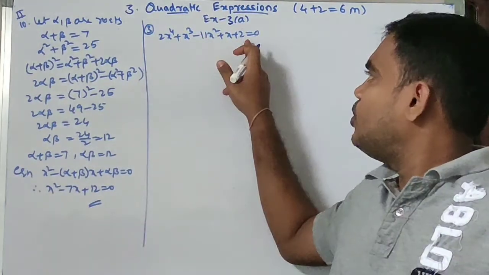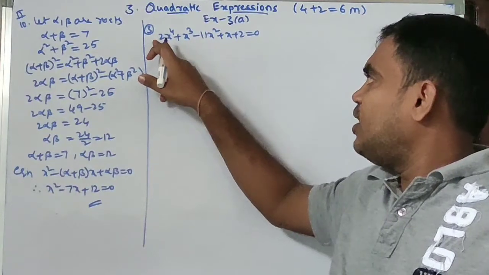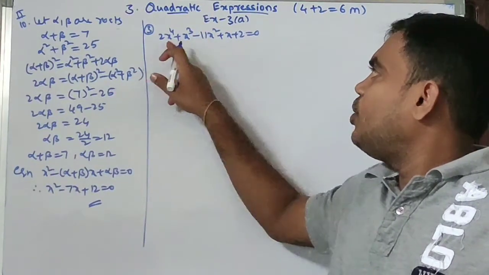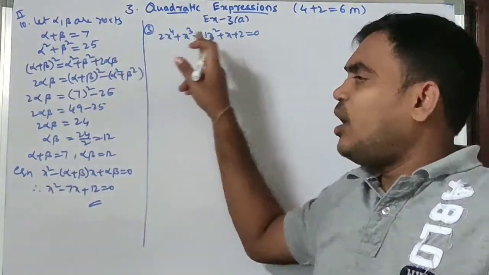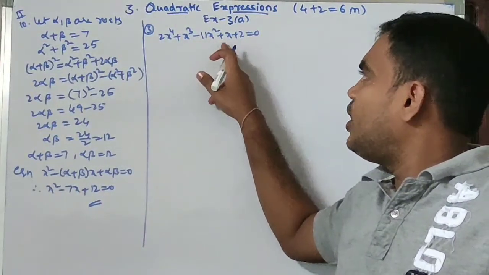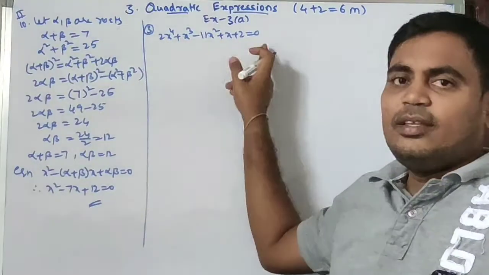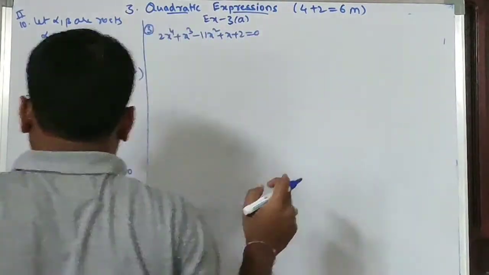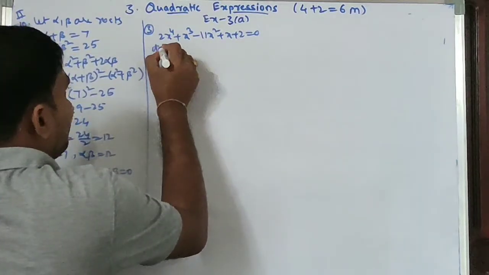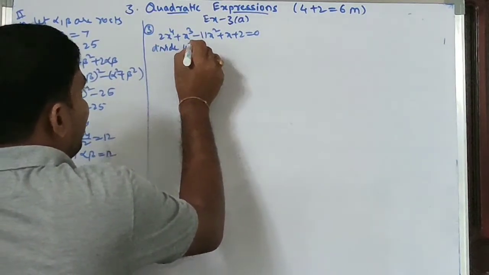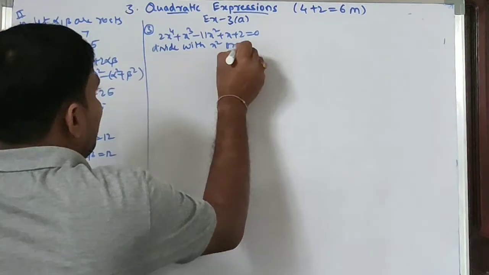Reading them: 2, 1, minus 11, 1, 2. These are the same, so what I am doing is dividing with x square on both sides.